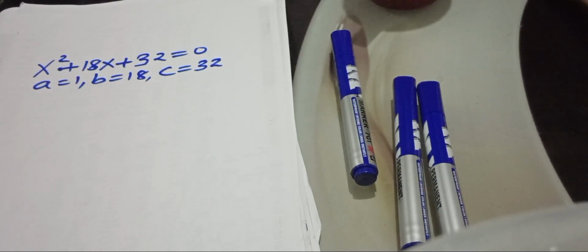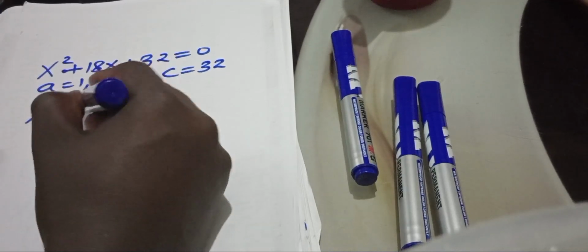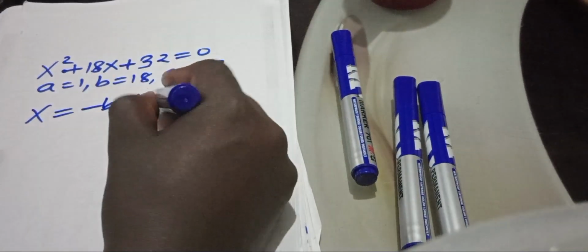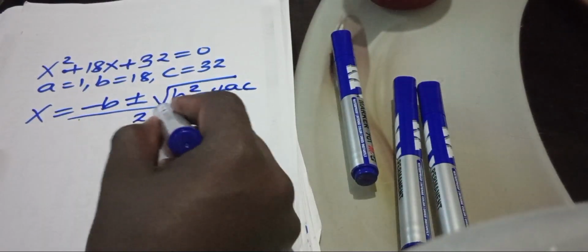The quadratic formula: x is equal to negative b plus or minus the square root of b squared minus 4ac, divided by 2a.